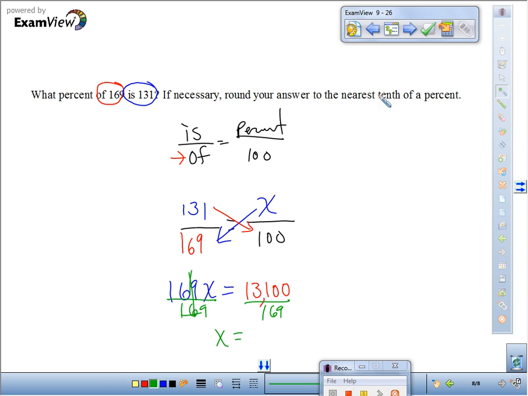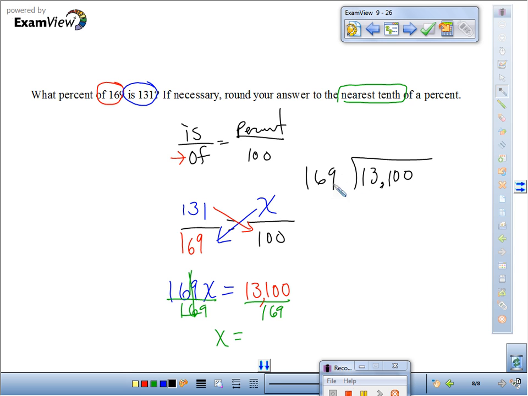And check this out. Look what they ask at the end. Round your answer to the nearest 10th. So that means we need to do the long division and go at least 2 decimal places, and then you can round to the first. Here we go. Let's do the long division. This becomes 13,100 divided by, and this is not a period, it's a comma, divided by 169.